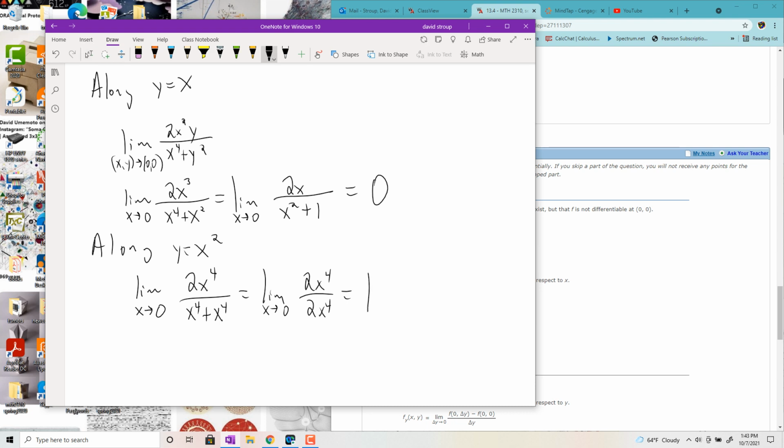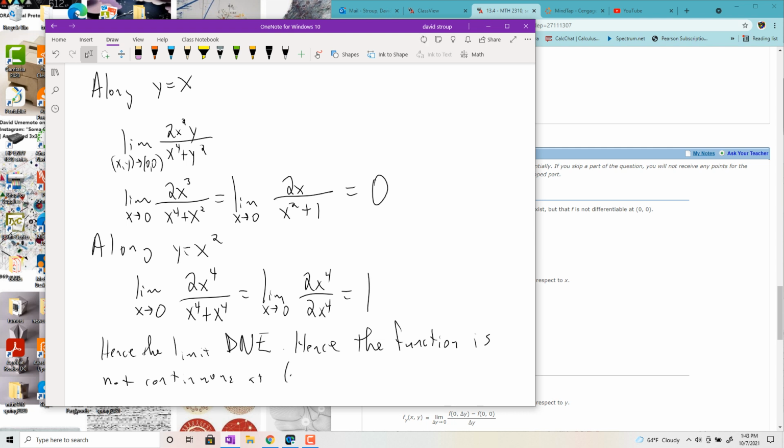In other words, the two paths give different values, so the limit does not exist. Hence, the function is not continuous at that point. Hence, the function is not differentiable.